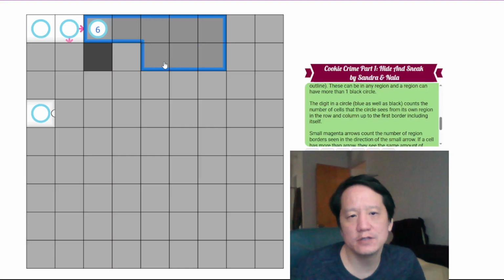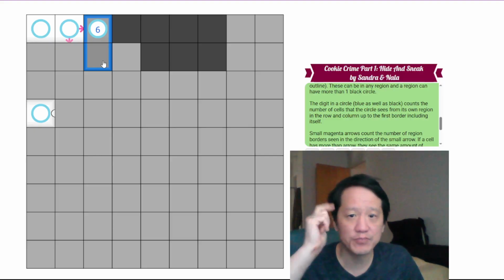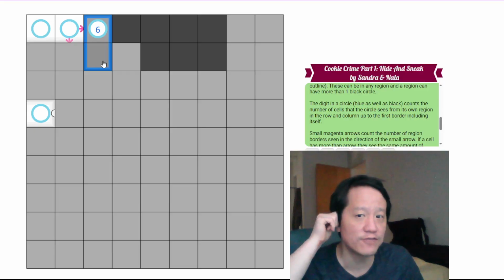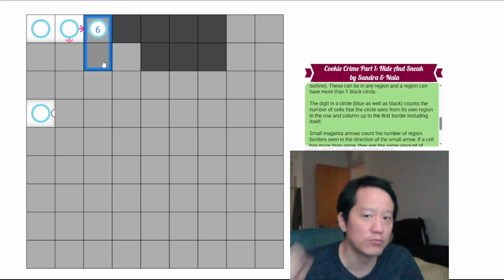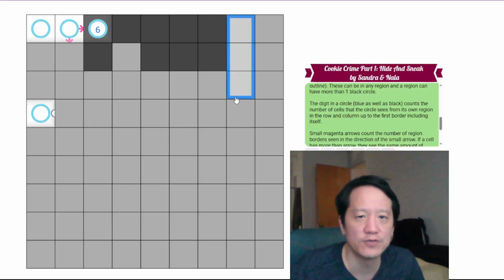And that's an example of how these circles work, and that works for both blue and black. They count the number of cells that are seen from its own region in the row and column up to the first border, including itself. So this would be a different region, and therefore a border.